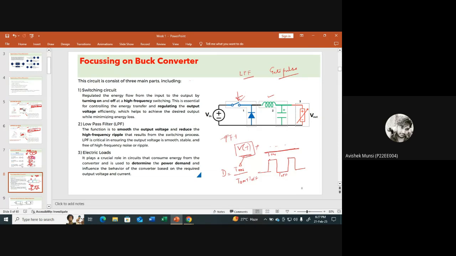The next part is a low pass filter that basically smoothens the output. If we don't apply the capacitor properly, then there will be a lot of voltage ripple. Suppose we desire to get 5 volts, but actually we will get a rippled output like this.